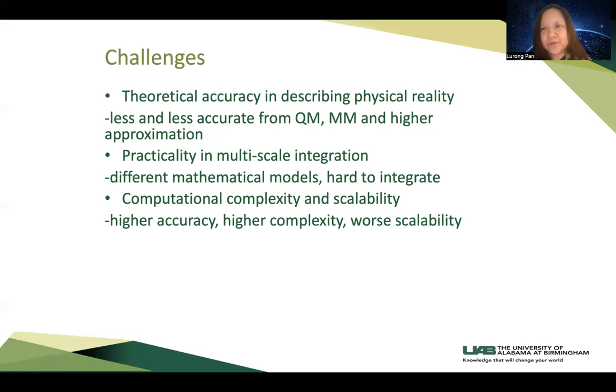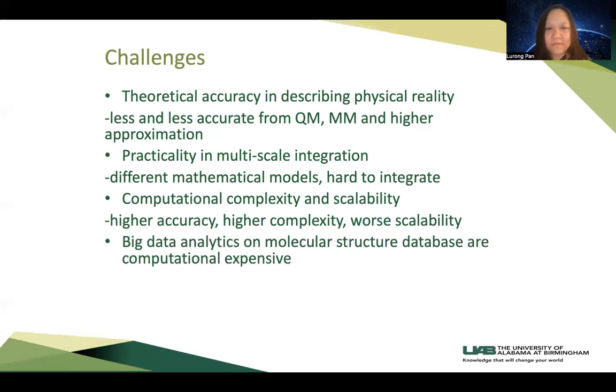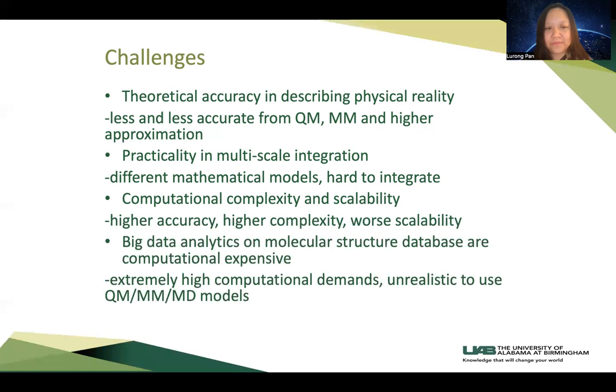We can't really use it to calculate biological molecules such as DNA and proteins, so it really cannot scale up to larger microphysical objects. And the fourth one is that big data analytics on molecular structure databases is also computationally expensive if we leverage QM or MM to calculate all the information within those databases.